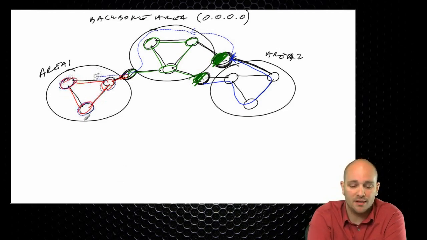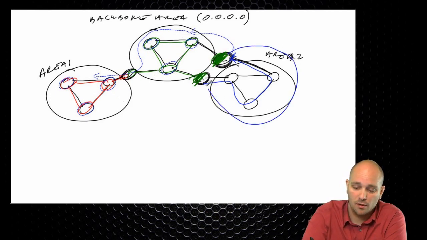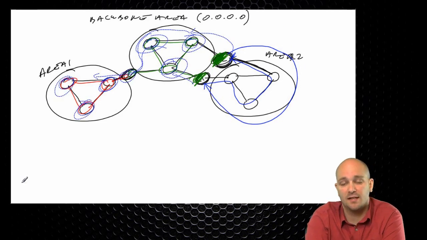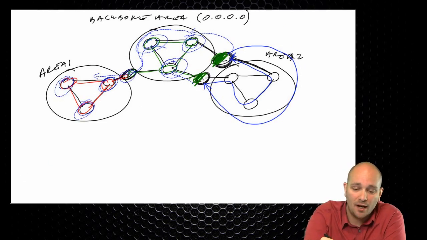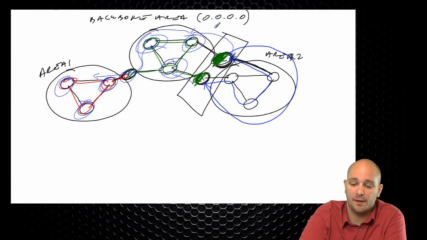They might populate the databases here. And this is looped information. Not to mention that a similar thing may have happened in the other direction. R2 here, or border 2, may have injected this information back. So now we are going to get even more information in the database here, and this information makes its way back. So we somehow need to find a way to prevent the loops happening here.